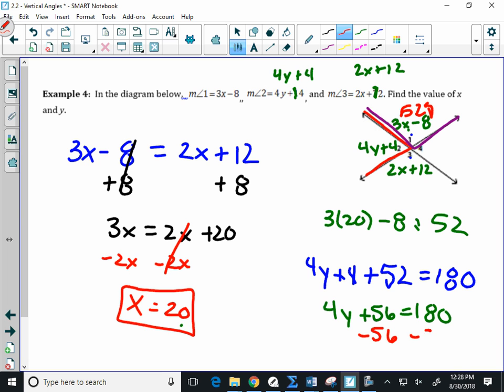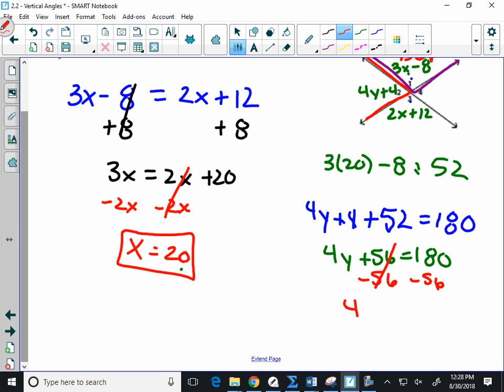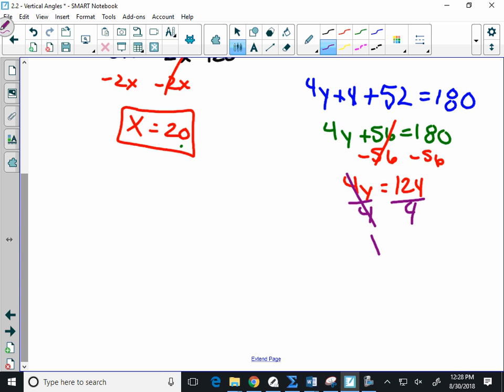Good. So what's 180 minus 56? 124. And then our last step, Ashley, what are we going to do? Divide both sides by 4. And 124 divided by 4 is 31.